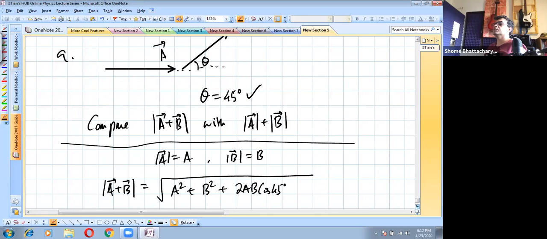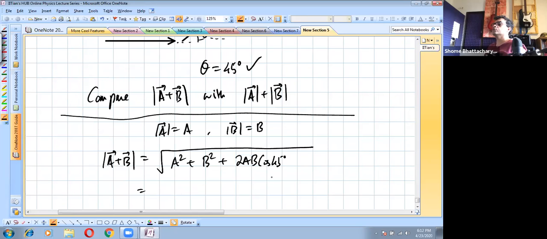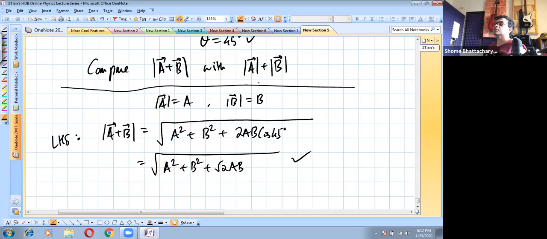Substituting the value of cos 45 as 1 by root 2, it's root of A square plus B square plus root 2 times AB. This is the left hand side of what you are comparing, the LHS.